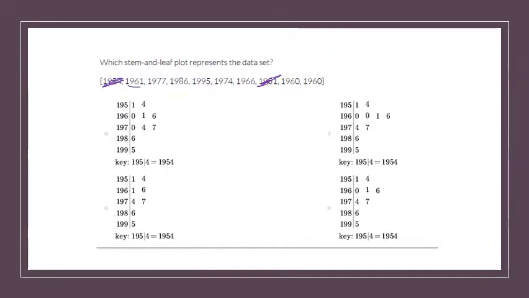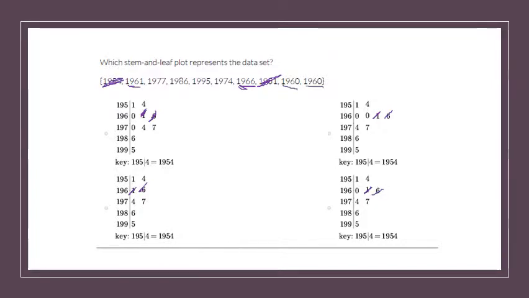So I see 1961. So I'm going to mark that off on each one. Then I see 1966. So mark that off on each one.